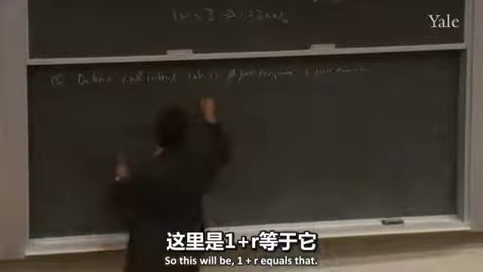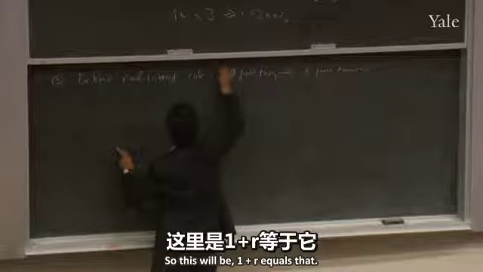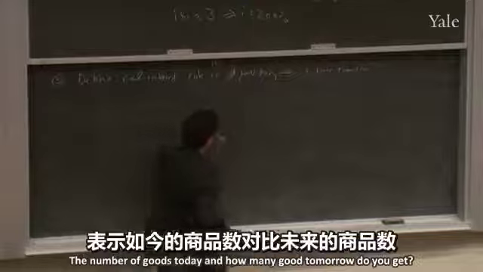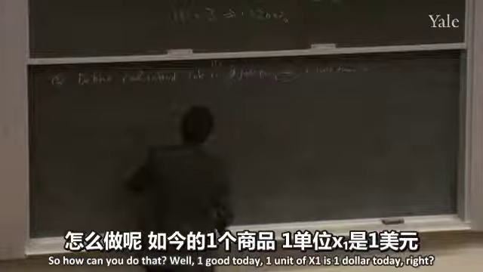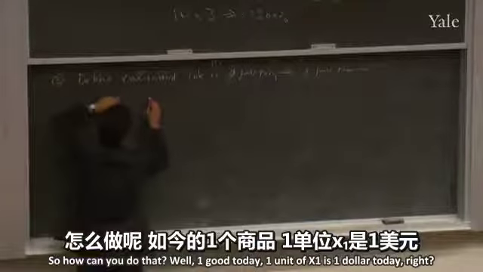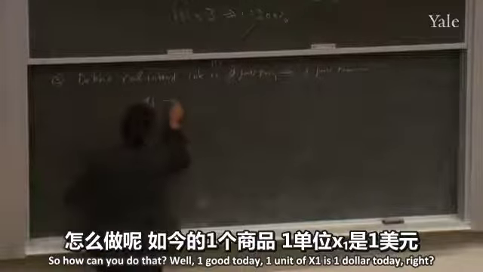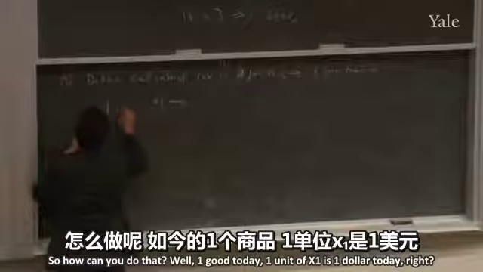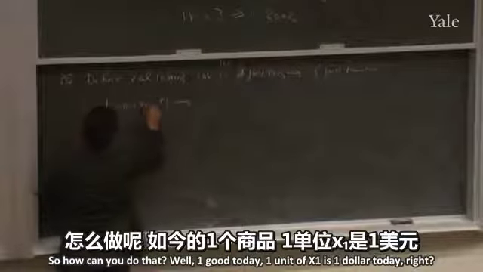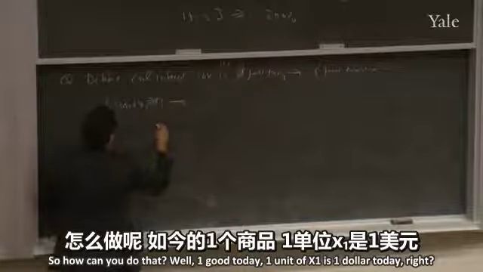So 1 plus R equals that. The number of goods today, and how many goods tomorrow do you get? So how can you do that? Well, $1 today can go into 1 good today, 1 unit of X1 is $1 today.